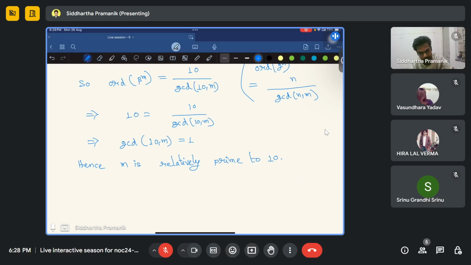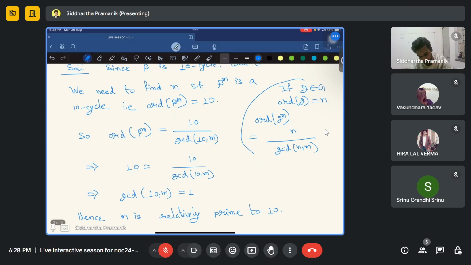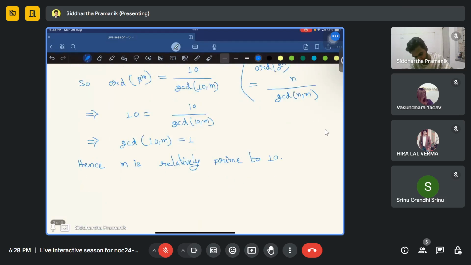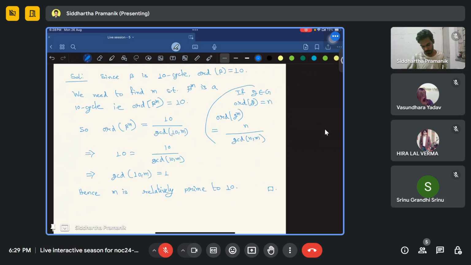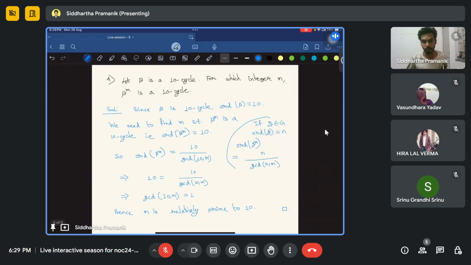So all these elements have order 10, and that will be a 10-cycle. So I hope it is okay for you.